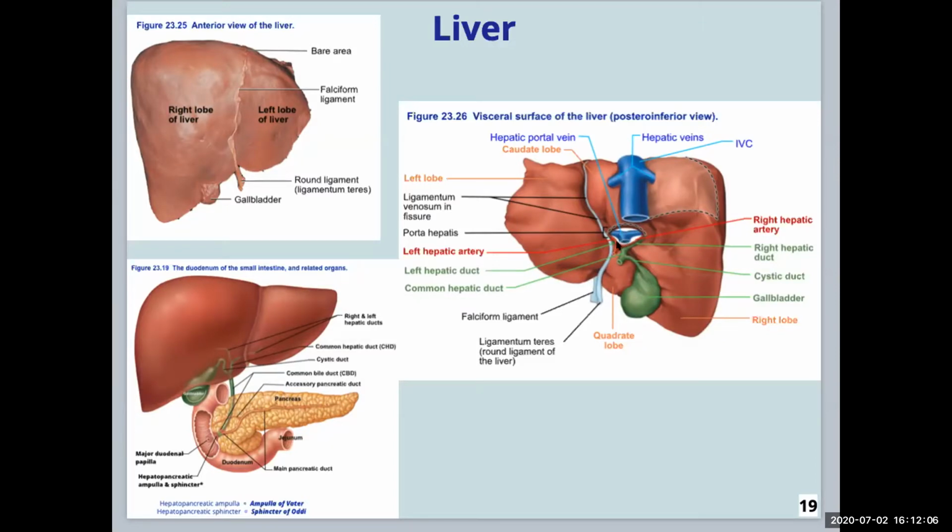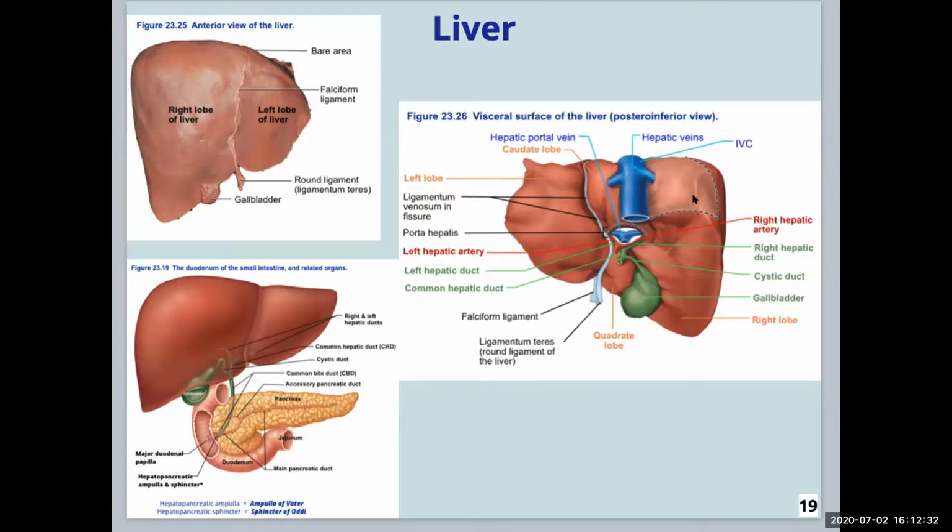Even though you have different portal systems in your body, this one's the most well-known, so oftentimes portal vein simply refers to hepatic portal vein. But it's not the same thing as hepatic veins. Your hepatic portal vein carries the blood that's draining from the digestive tract into your liver.